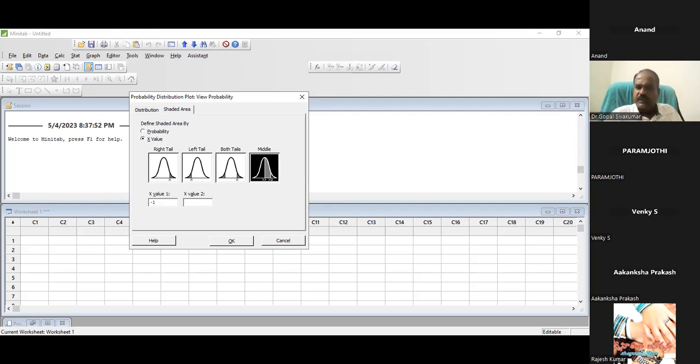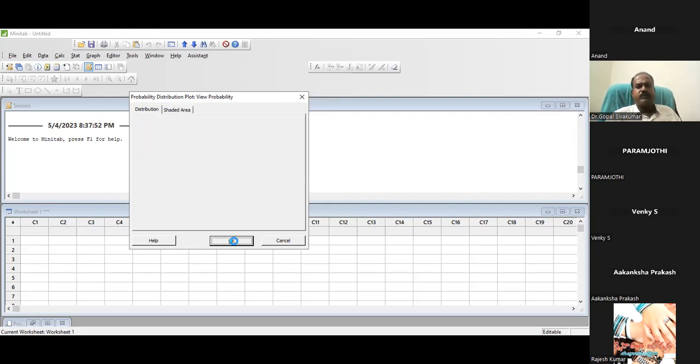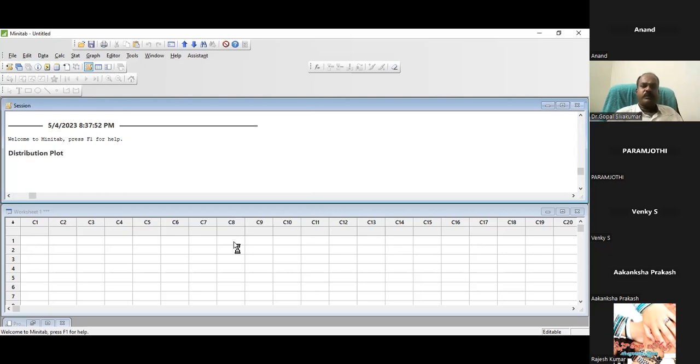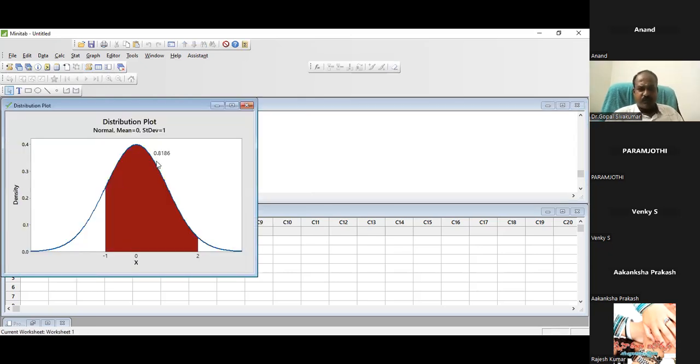What is the value? -1, right? And the right side point is +2. So you give these two values, and now Minitab gives a curve. How much is the area between the 2 points -1 and +2? 0.8186.